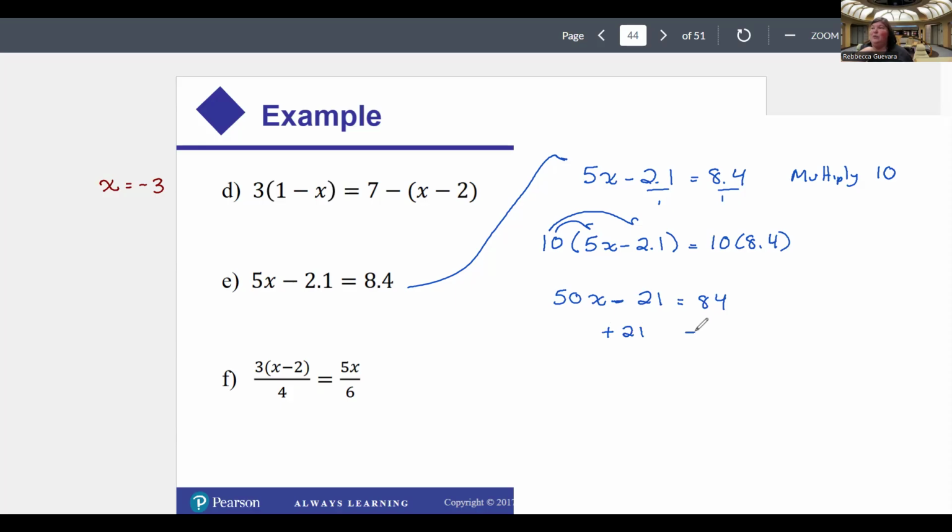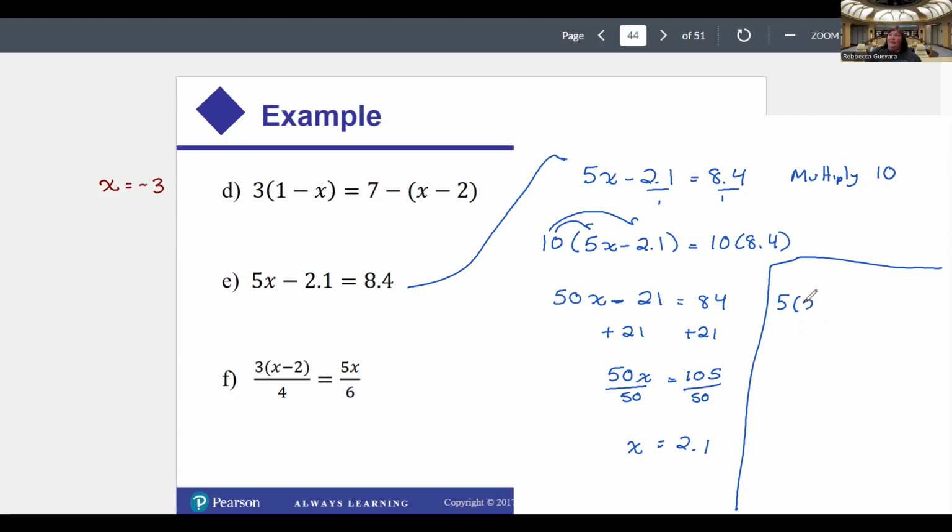I can just add the 21 to both sides. So I'm going to end up with 105, and then we have 50x here. If we divide both sides by 50, you get 105 divided by 50, which is going to be 2.1. Like I said, these ones, it's easy to check by sticking it in the calculator.